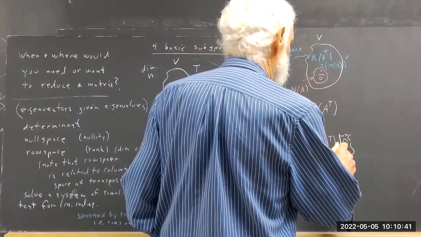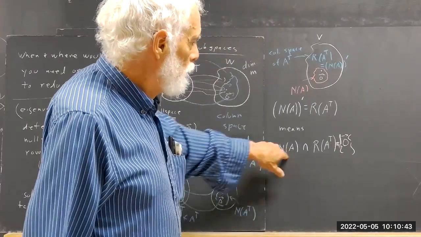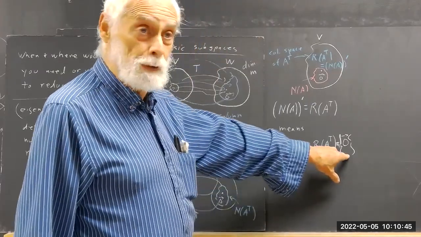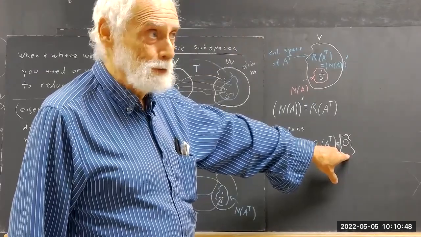The intersection of these two sets consists of just the zero vector.